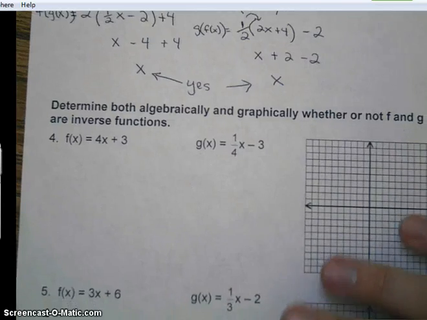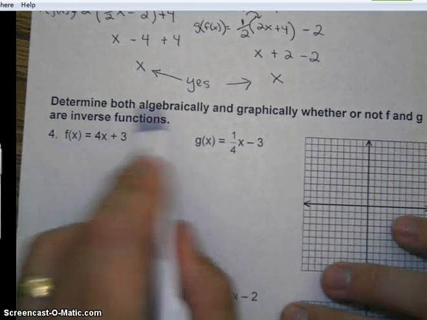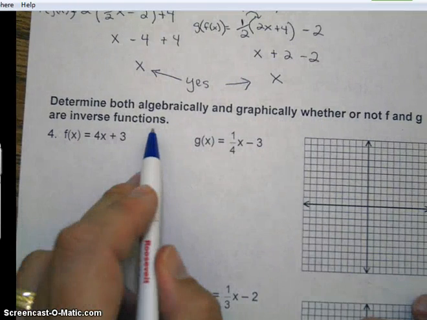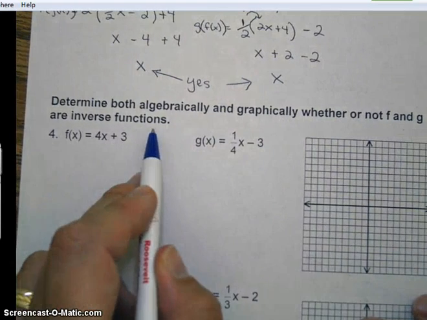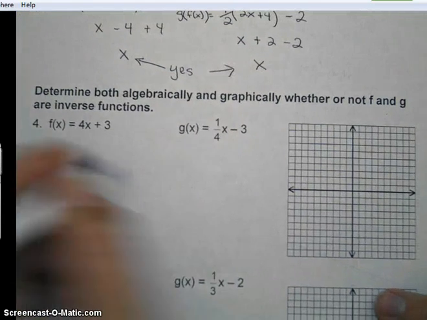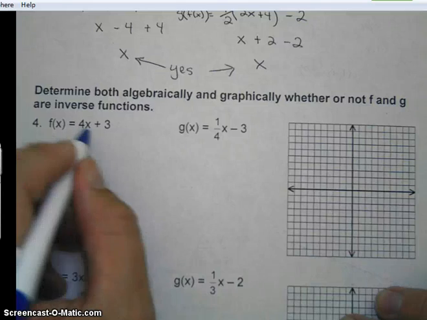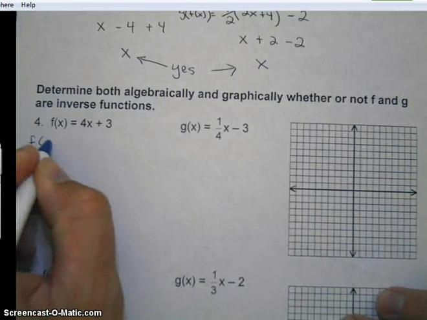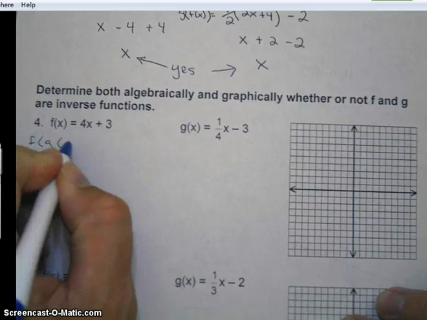Okay, here we go. Determine both algebraically and graphically whether or not f and g are inverse functions. I want to really focus on the algebra right now, okay? We're going to start off with f of g of x.